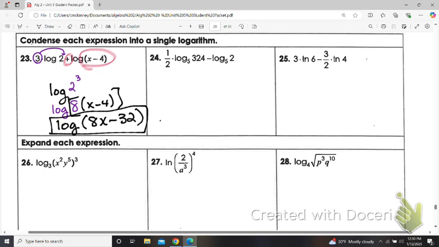So that had a few little steps, but you're bringing the number in the front, putting it as an exponent to the closest one. Don't go all the way out to the x minus 4. Since it's just a number, I can make that an 8, and then 8 times x minus 4, so 8x minus 32, but it's the log of all of that, so all of that ends up in parentheses.